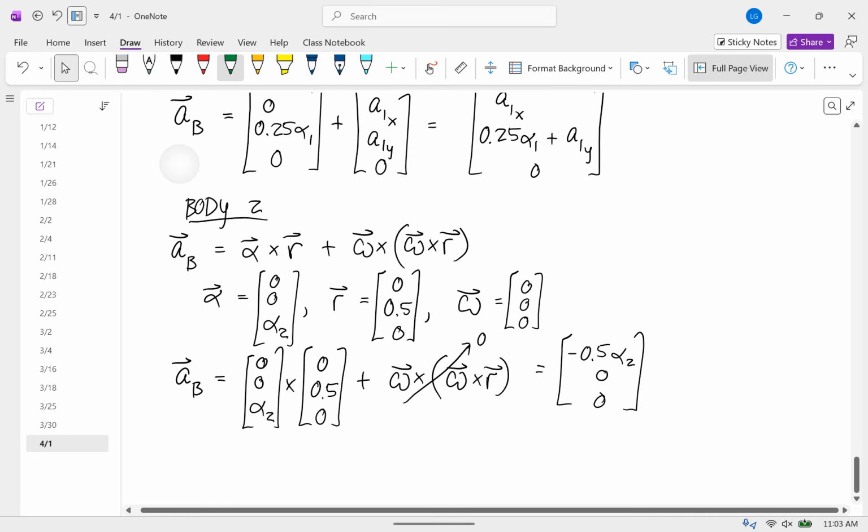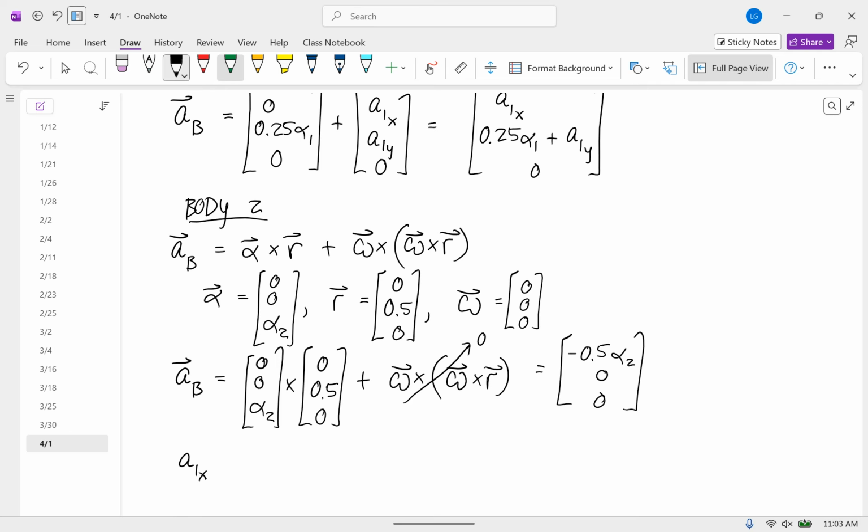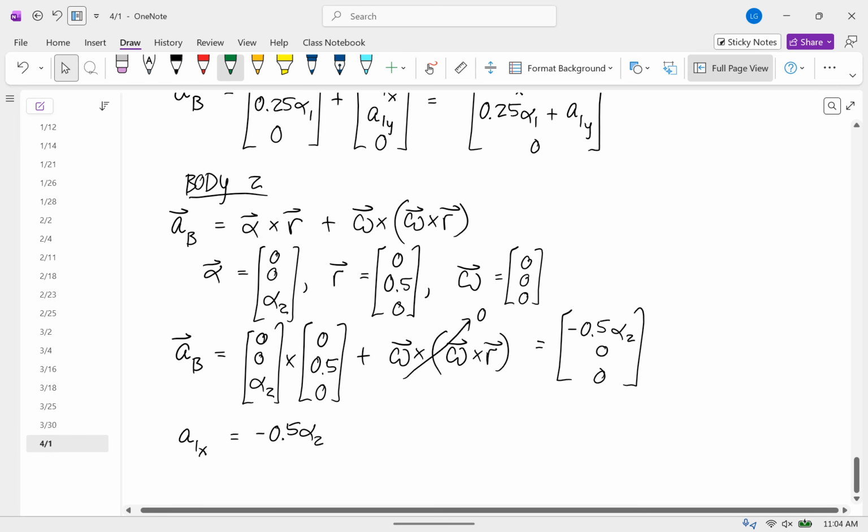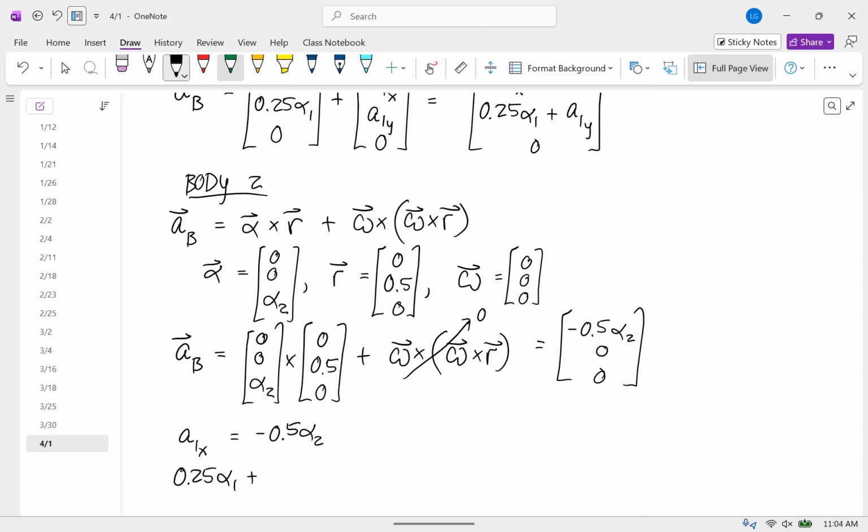So now put these two together, and you have one equation that says A1x is equal to negative 0.5 alpha 2, and a second equation that says 0.25 alpha 1 plus A1y is equal to 0.